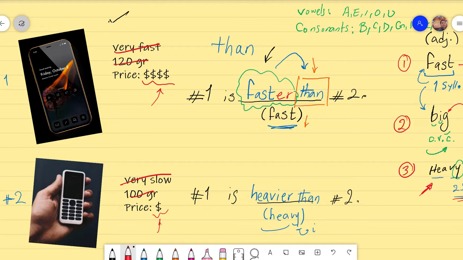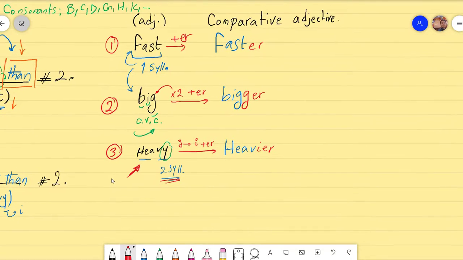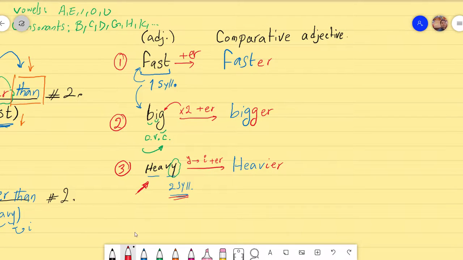Now, what do I say for expensive? Very good. Let's take a look at it. Let's come back here. So, expensive, let me write it here, number 4. Expensive. How many syllables is expensive? 1, 2, 3. 3 syllables.